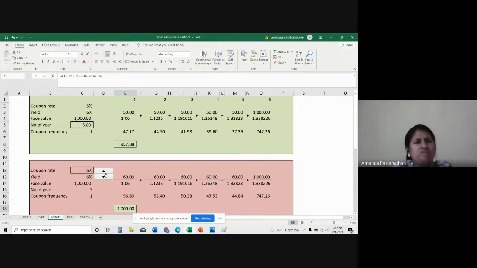Do you have to give them any additional benefit? No. Why? Market is expecting 6%, and I am giving you an annual interest of 6%. That's sufficient. So the actual price of the bond will be equivalent to the face value.